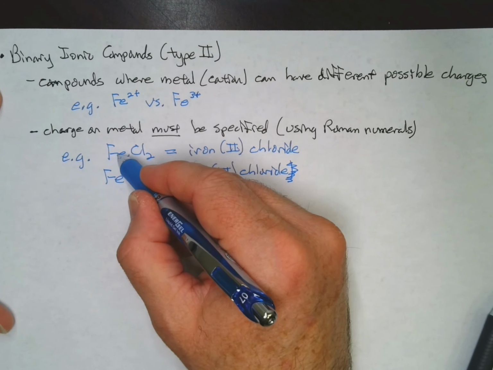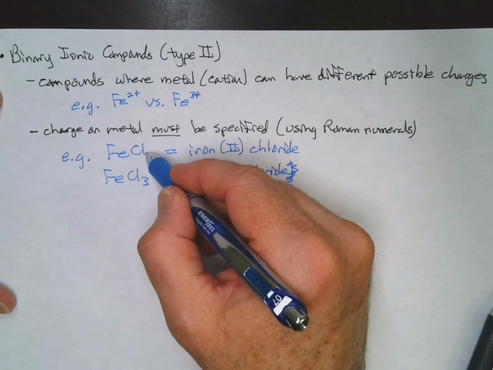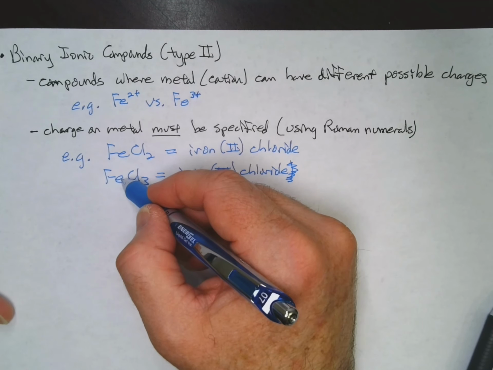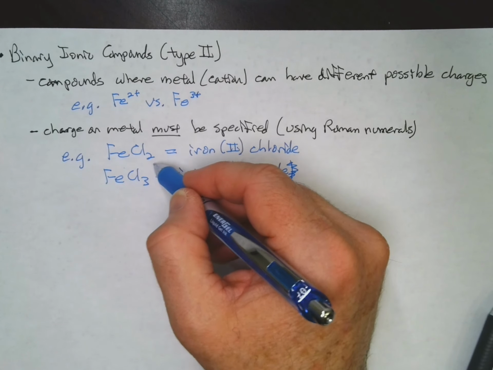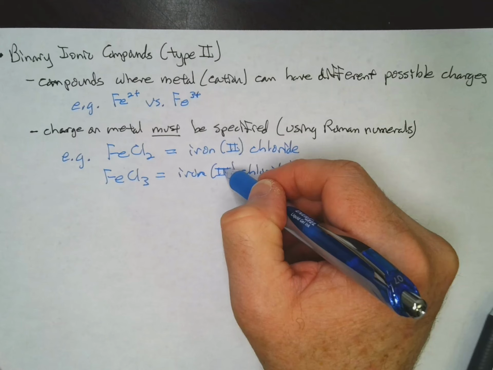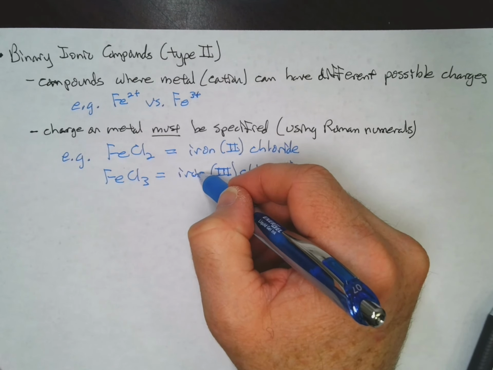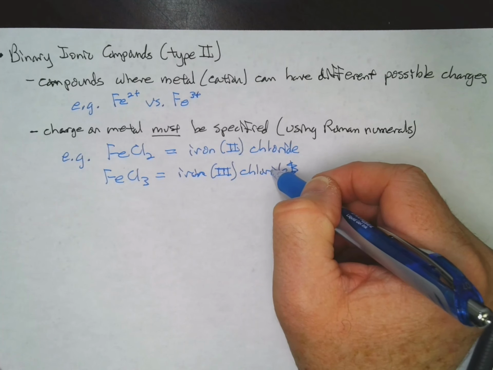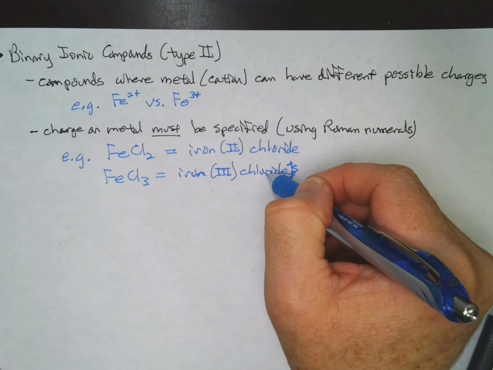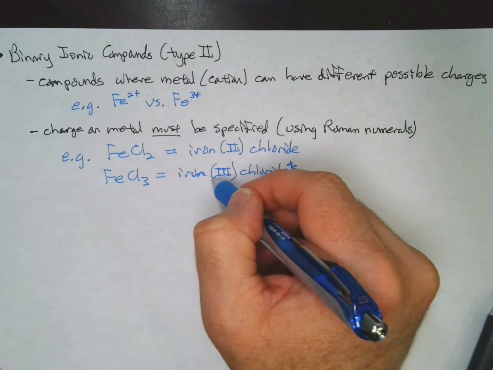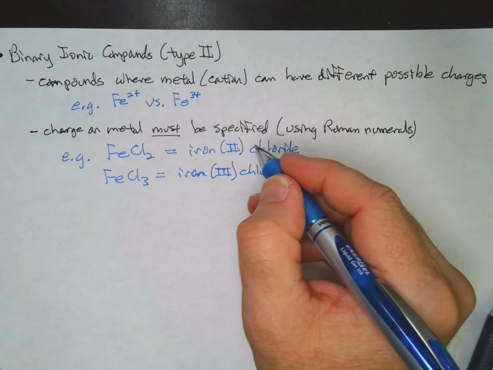So here I have Fe2 plus, and then I have 2 Cl minus ions, so that adds up to neutral. Here I have Fe3 plus and 3 Cl minus, so that adds up to neutral. And again, the Roman numeral tells me the charge on the metal. It doesn't tell me how many metal ions. It doesn't tell me how many anions we have. It only tells us the charge on the metal.